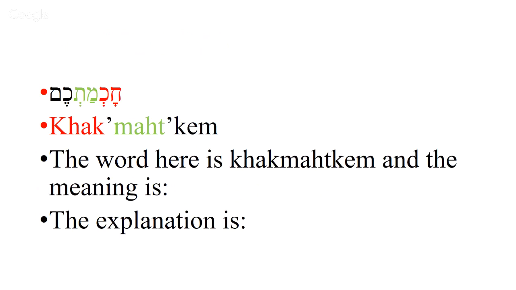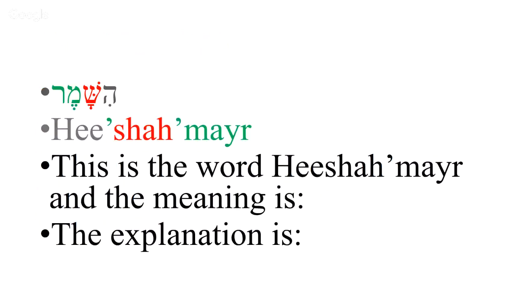All right, so the next thing we want to look at, it says Chochmat-chem, your wisdom. The wisdom for you all. All right. Masculine plural, your, Y-O-U-R. Now, one more thing to point out, brothers and sisters, with this particular word, hashamir.